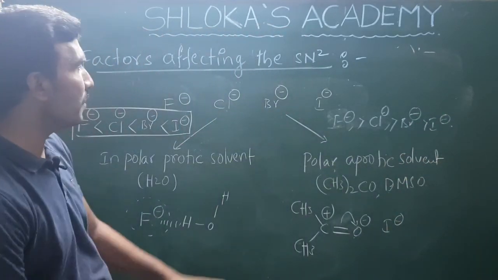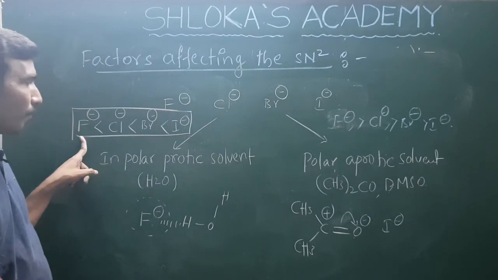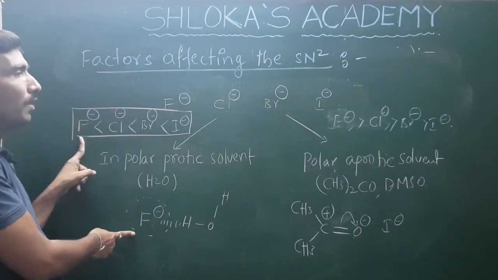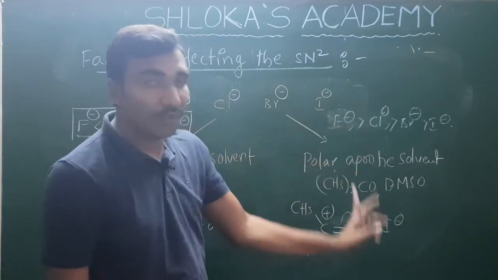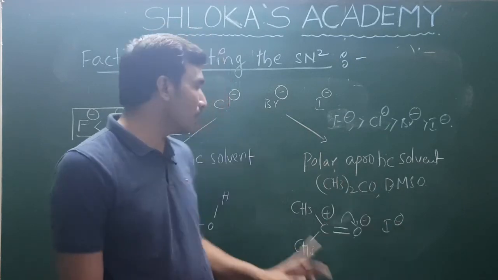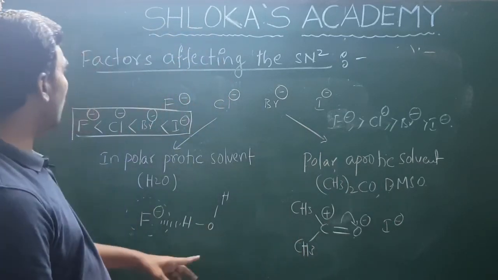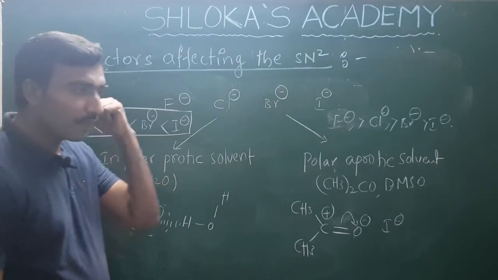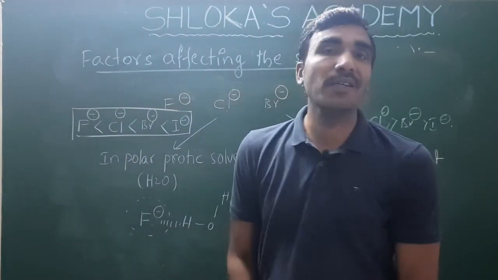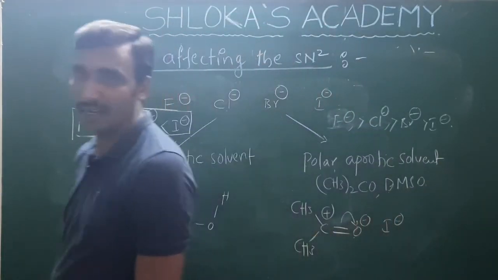So here the fluoride ion is the weakest nucleophile, and in the protic case the fluoride ion is the strongest, I mean the weakest there and strongest here, depending upon the solvent. This is how the nucleophile affects the rate of an SN2 reaction.